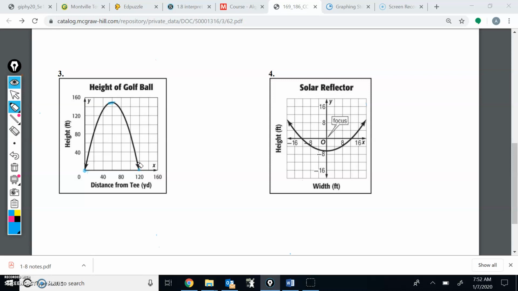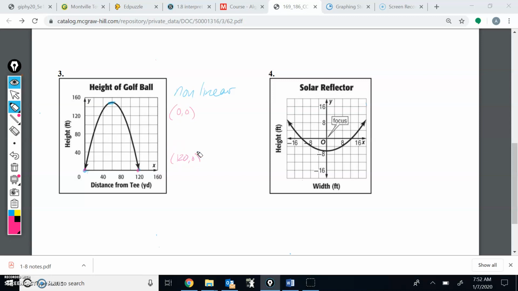Now let's write about this in terms of sentences. So it is not linear, so we write non-linear. And let's talk about the intercepts. It looks like it crosses here and here. So we have 2 intercepts at 0, 0. And we have another intercept at 120, 0.